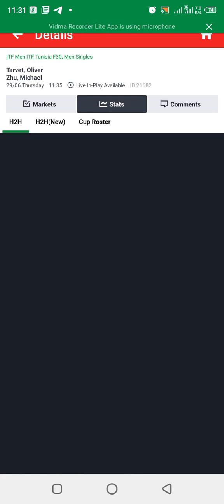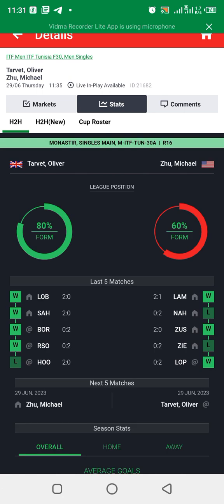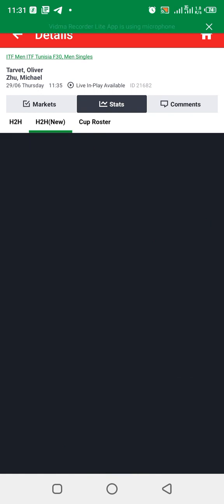One thing that you need in the statistics is the head-to-head. We have two head-to-heads. The first head-to-head shows the form of the players, and the other head-to-head shows their past performances, their total points they've had in their previous games.